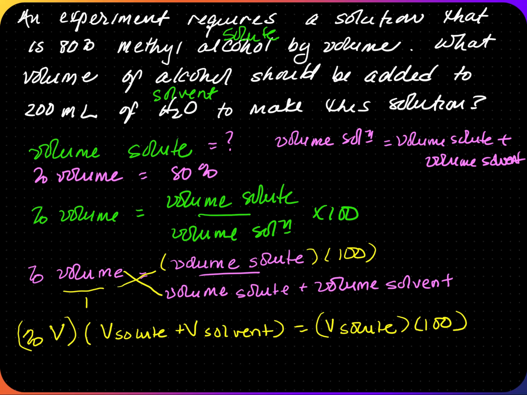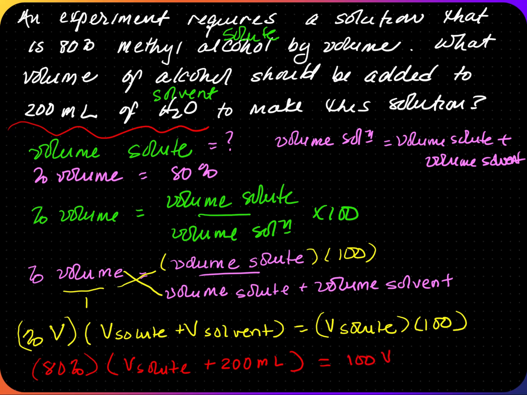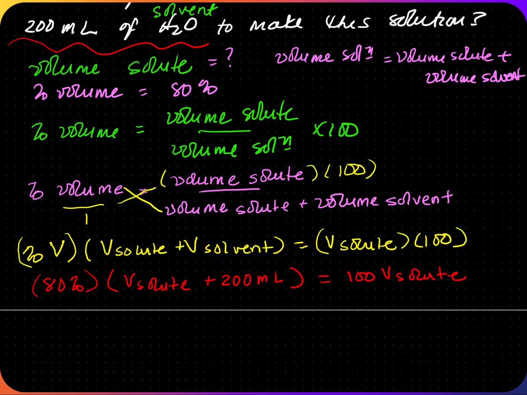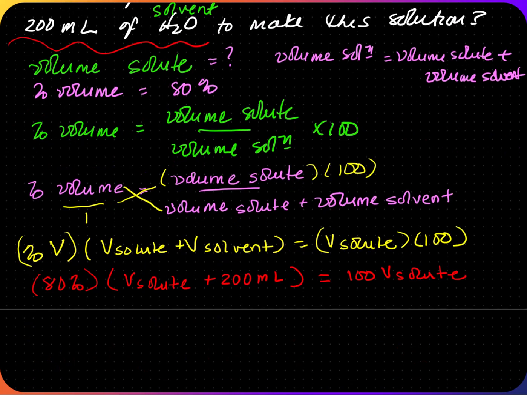We know the percent volume is going to be 80%. That was given. That's going to be multiplied by the volume of solute because we do not know what that is. We know the volume of solvent is given as 200 mLs right here, which is the water. This is going to equal 100 times the volume of solute. Next, I'm going to distribute the 80%.